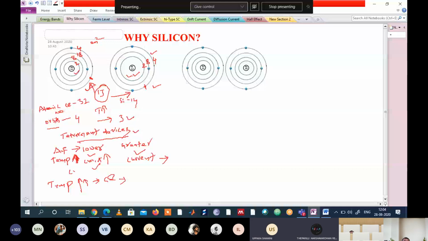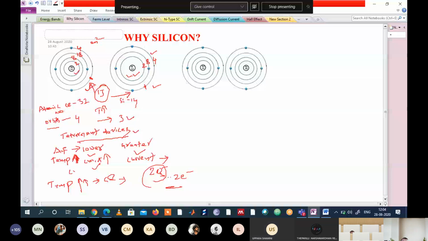What about silicon? Only 2 electrons come outside, and 2 electrons are still left over in silicon. So as temperature increases, germanium electrons come outside first. All germanium electrons are leaving, but from silicon, only 2 electrons are leaving.